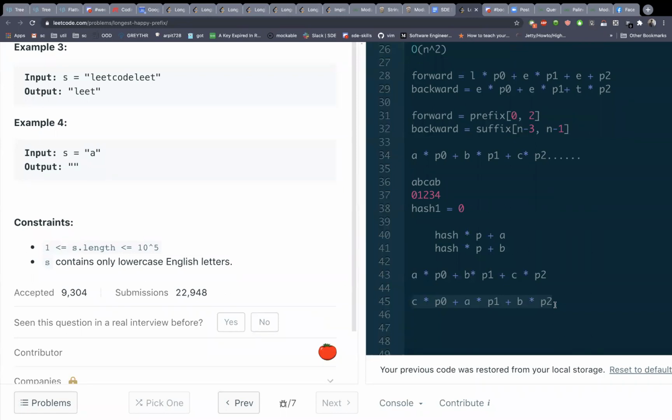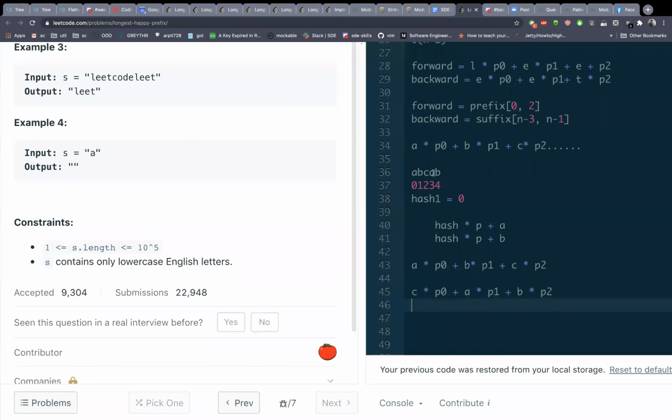Now the problem is that we get the last character first. If we come from the back, then we get B with P0, right?